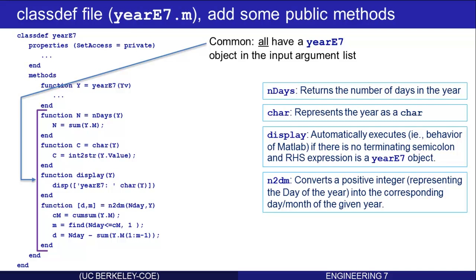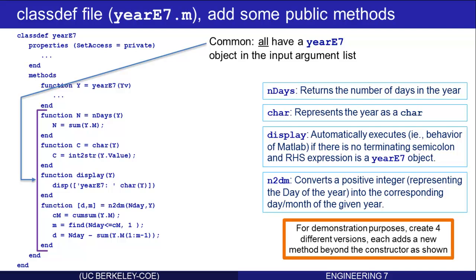For now, though, I'd like to try some examples with this YearE7 class and these 4 new methods that we've added. But I'd like to do it in a slightly more structured way, creating 4 different versions of this class, where each one is adding one of the new methods beyond the constructor.